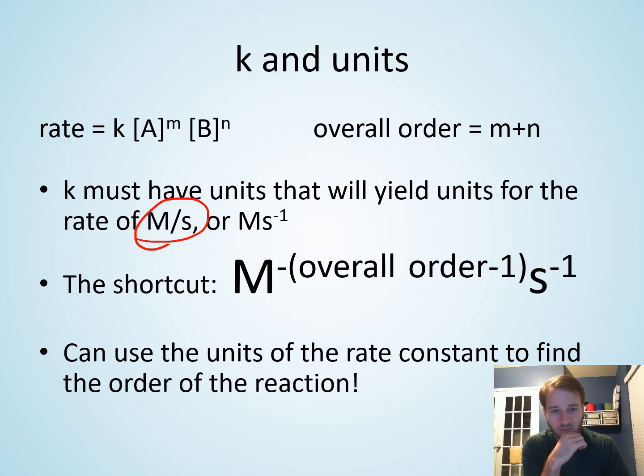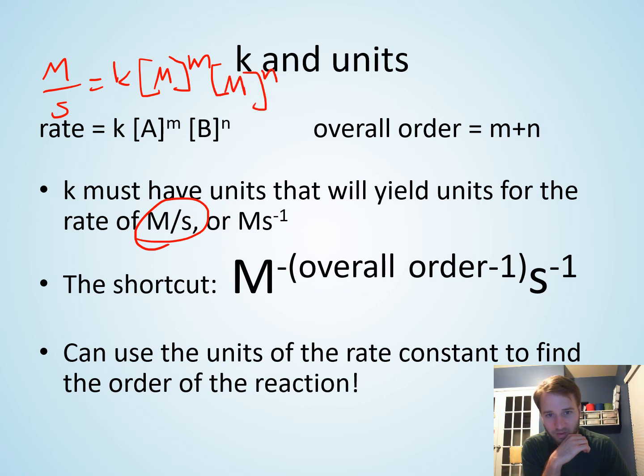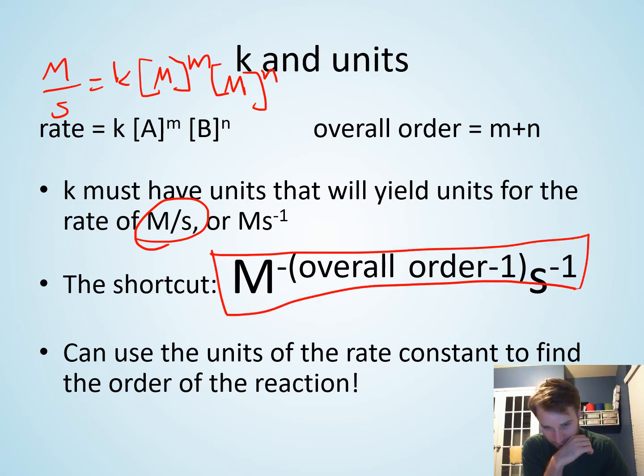So this is our general expression: the rate here has units of molars per second, k has some units that we're trying to figure out, and then here I have molars to some n power and molars to some n power. And so the units of k basically end up being given by this, okay?